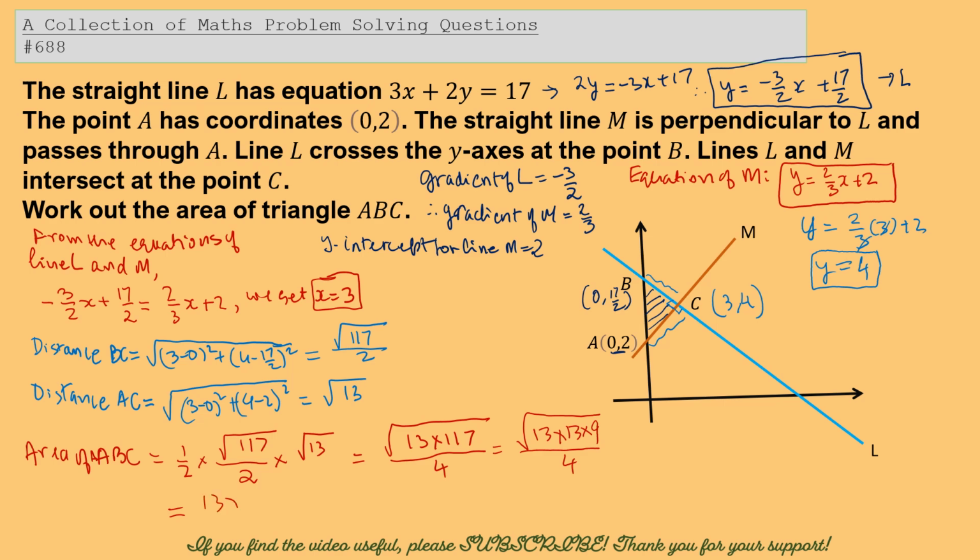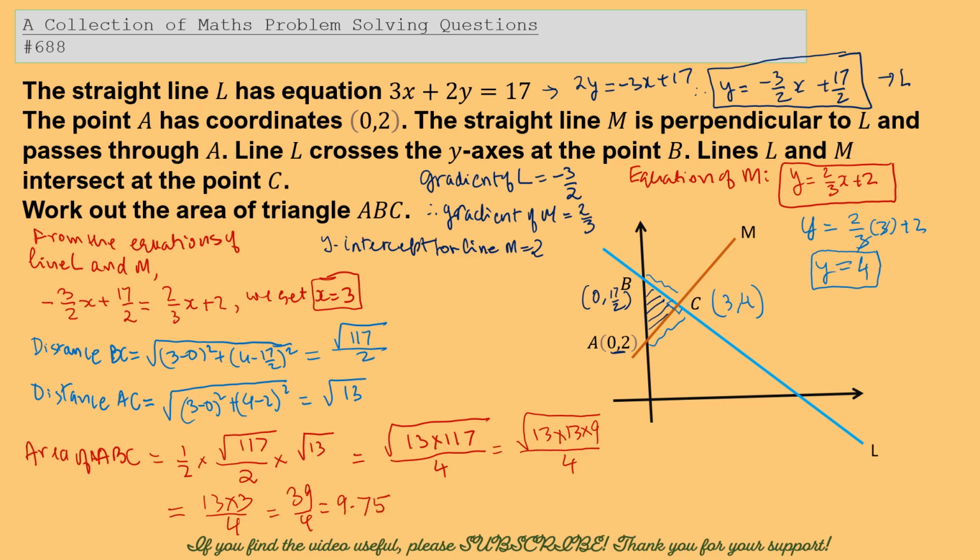So 13 times 3 out of 4 is 39 out of 4, which is 9.75.